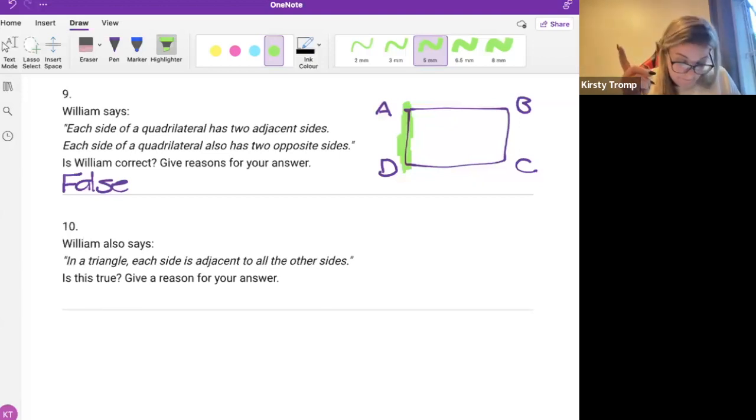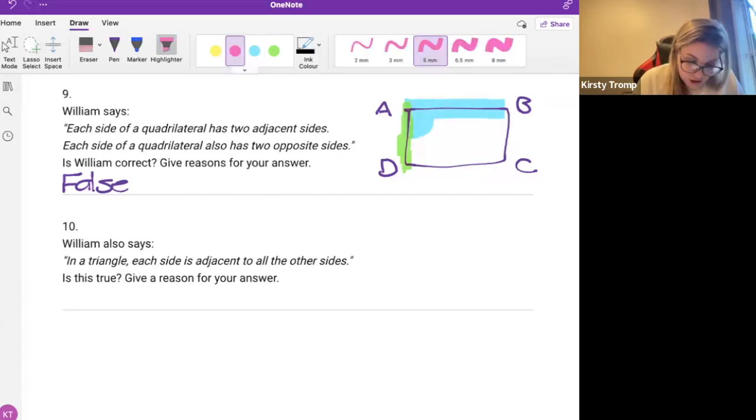Two lines touching each other, with a common vertex. Side AD has AB touching it at a common vertex, and it also has a vertex here with CD.